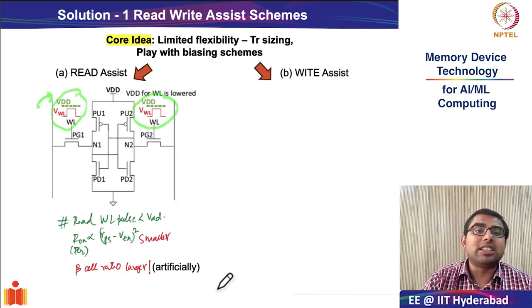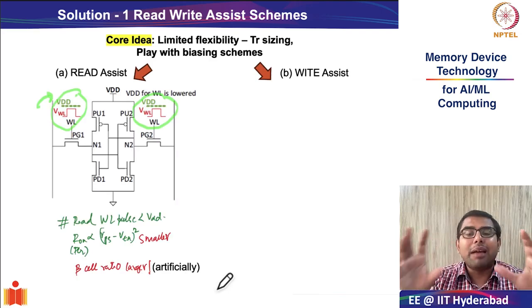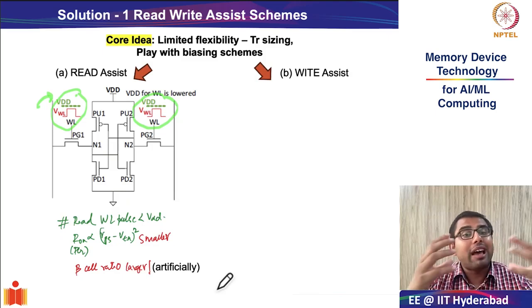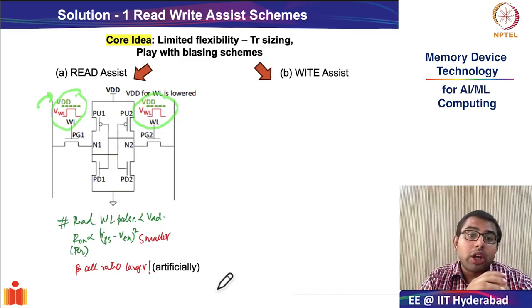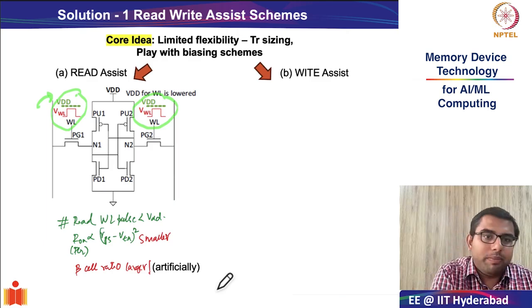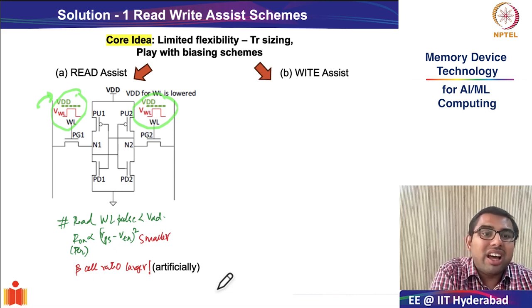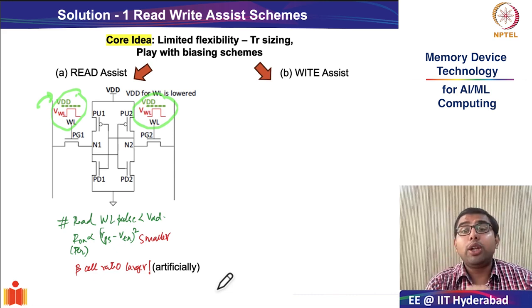In the biasing schemes, the idea is you will have the same 6T SRAM cell that we have been studying till now, but during read and write, you deviate slightly in the biasing methodology to ensure that during the read cycle, read happens more easily, and during the write cycle, write happens more easily.